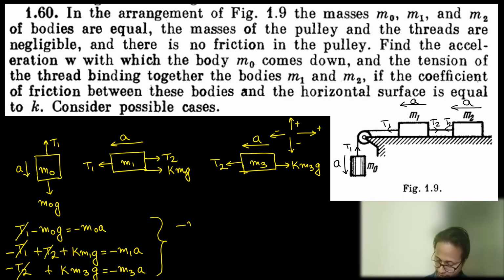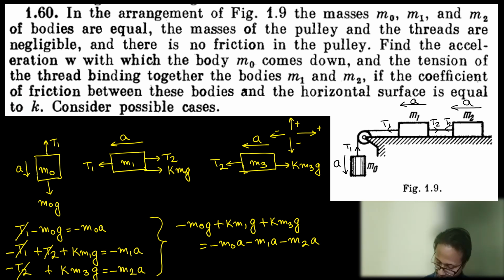So minus m naught g plus k m1 g plus k m2 g is equal to minus m naught a minus m1 a minus m2 a. This is not 3 but 2, this is mass 2.